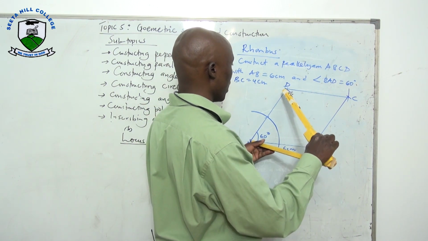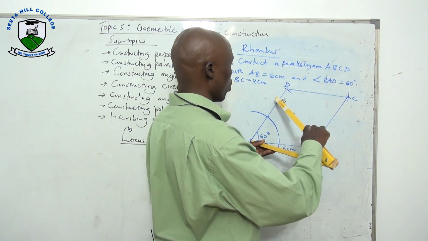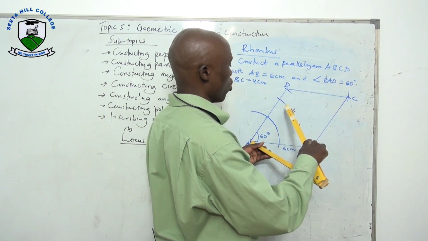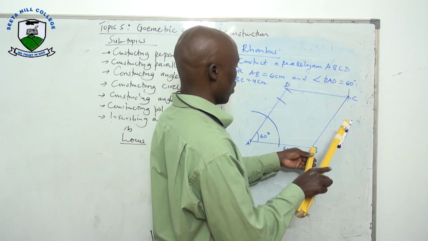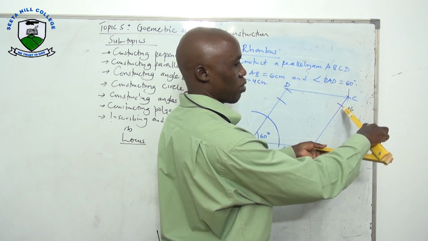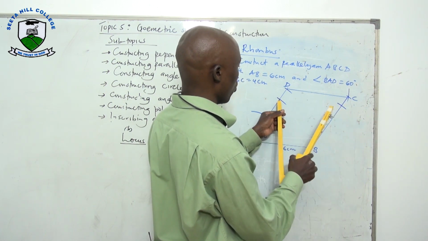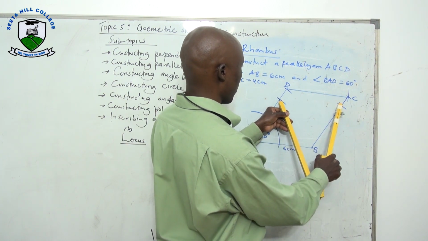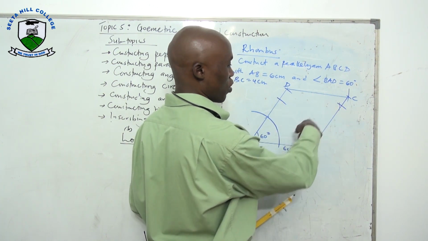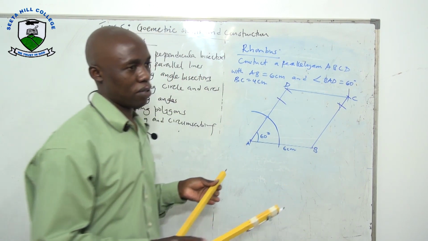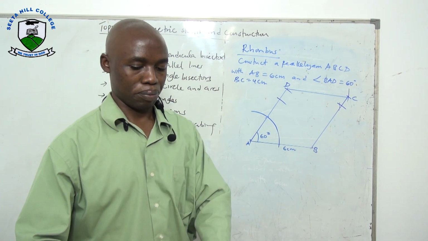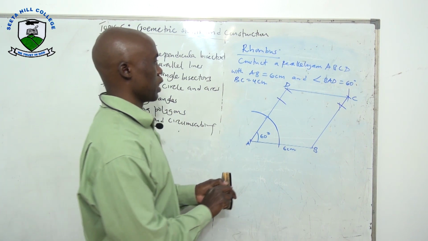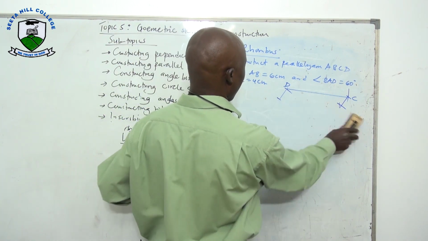Here we will go to 4, and also here you'll make 4. Then here we will have to pull to 6, and you'll have to join it. That will be a parallelogram.